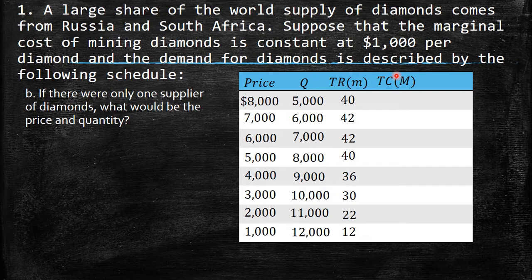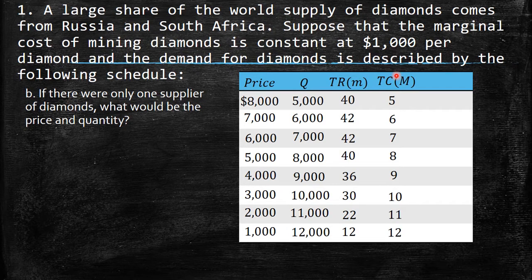We already know that the marginal cost is constant, so we can infer that the average total cost should be exactly 1,000. So we just multiply that by the quantity, again measured in millions. So this should be 5 million, then 6, 7, and so on. This is the total cost of that company.